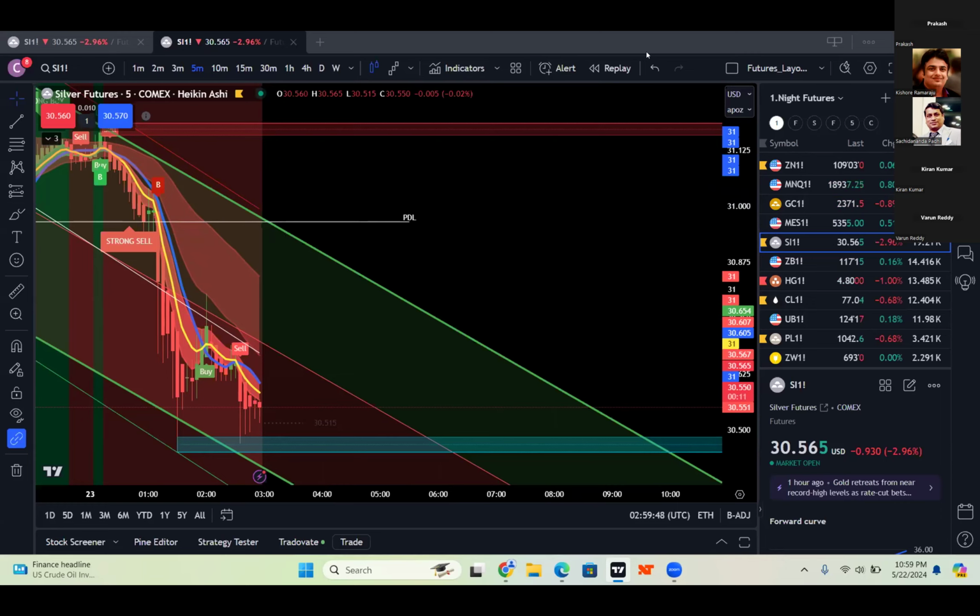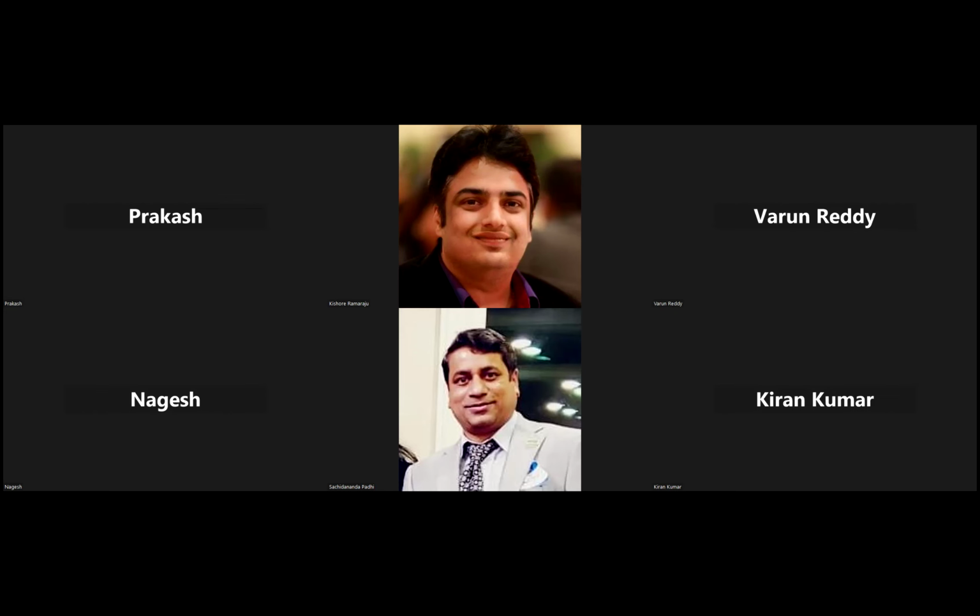To answer your question, we added one more option, right? One is a buy and sell, which is mainly for scalping, right? You want to do quick trades. One is more like a little swing, especially in the US hours. Once you take a strong buy, then it will hold the trade for more time. Until you see a strong sell, you can hold the trade.